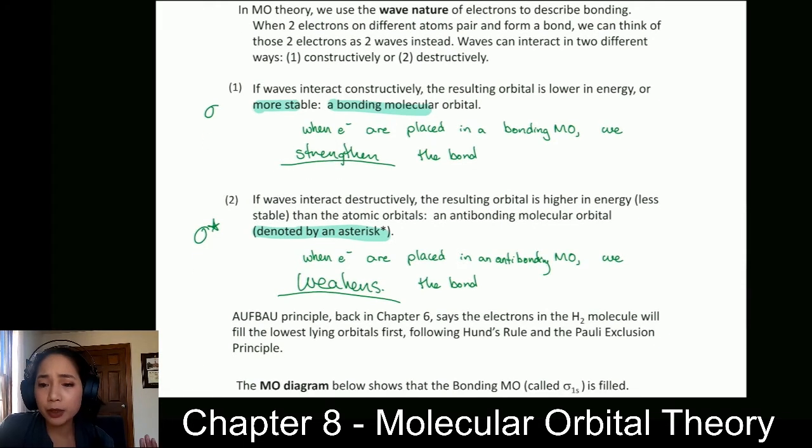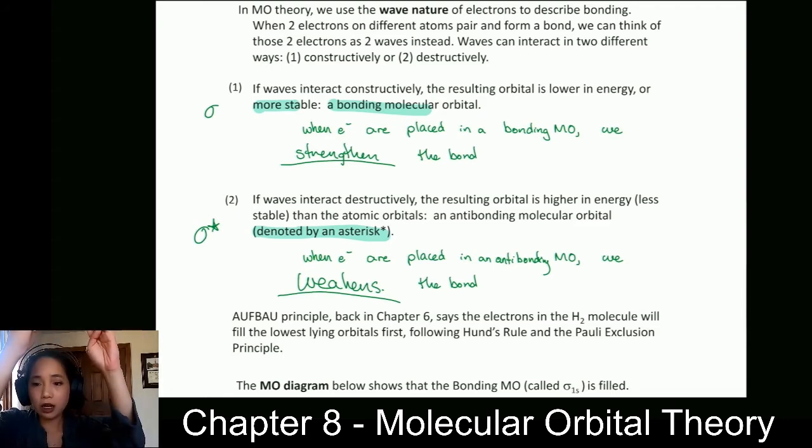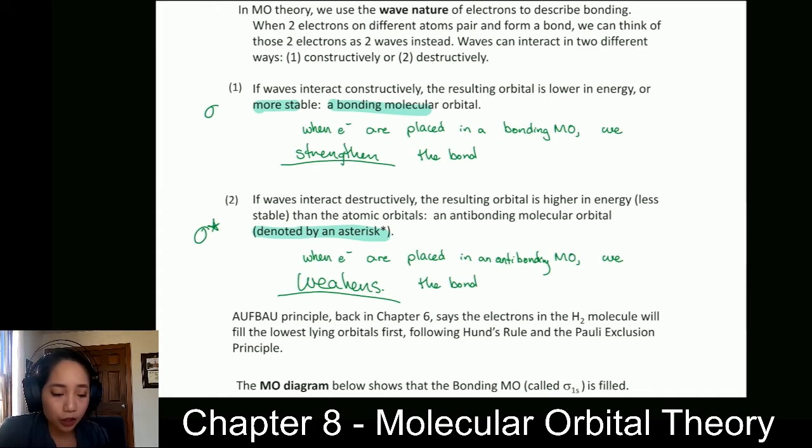And so if we think back to Aufbau's principle and Hund's rule, how we fill electrons from the bottom up, from the most stable to increasing energy, as we add more electrons to a molecule, it is possible to start adding electrons to antibonding orbitals and weaken the bond overall. So keep those rules in mind when adding electrons to a molecular orbital diagram. You always fill up bottom to top.